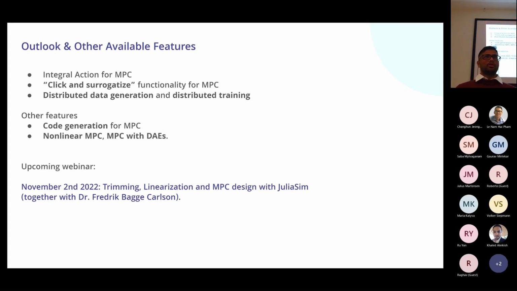For instance, if you want to put an MPC controller in an embedded platform, then code generation and verification and so on become much simpler if it's just matrix multiplications.